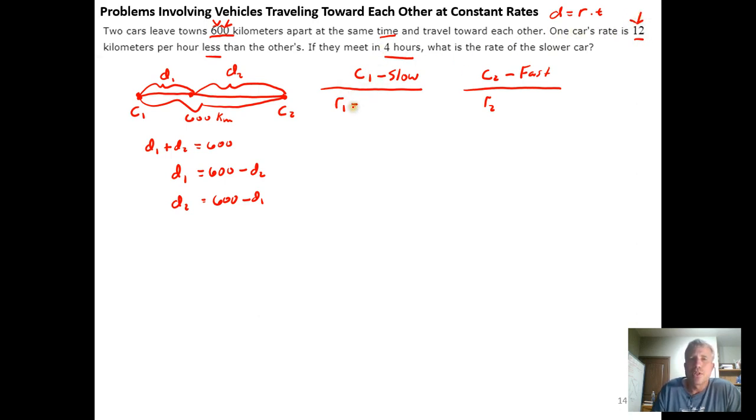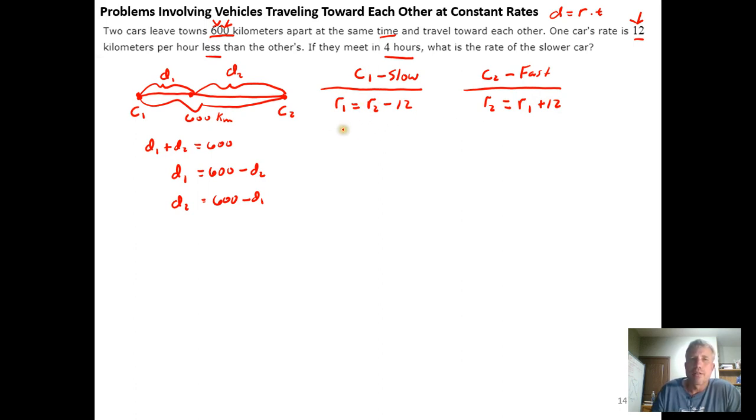So the rate of the slow car I can get by taking the rate of the fast car and subtracting 12. I could similarly take the rate of the fast car, rate 2, and get it by taking the rate of the slow car and adding 12. So there's a couple ways to relate our rates to each other.